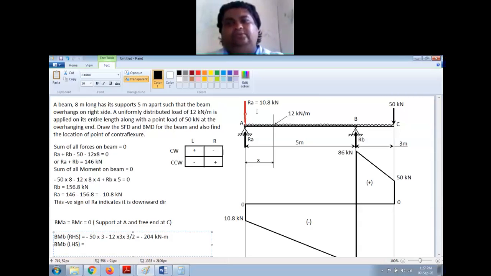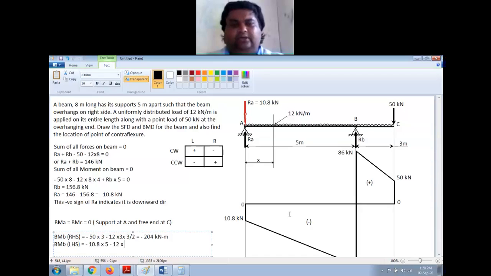So because of this, it is making a counterclockwise couple or moment on the left side. So it is negative. Left side counterclockwise is negative, minus 10.8 into the distance is 5 meter. From A to B it is 5 meter.